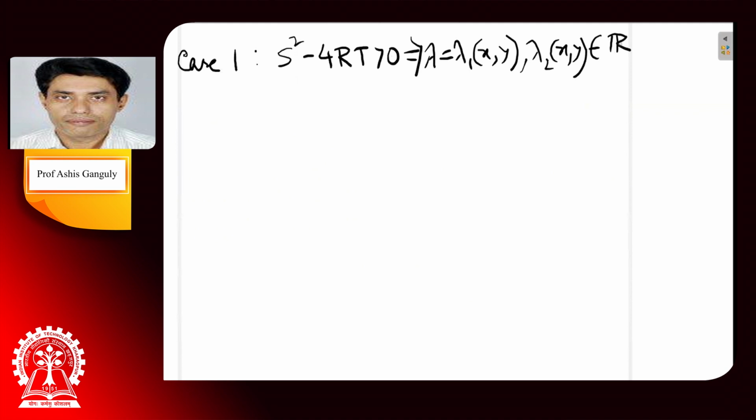I am putting x, y in the argument to remind you that lambda 1 and lambda 2 are functions of x and y. Okay, so what you will do now is choose your transformation in this way: xi x by xi y equal to lambda 1 and eta x by eta y equal to lambda 2.